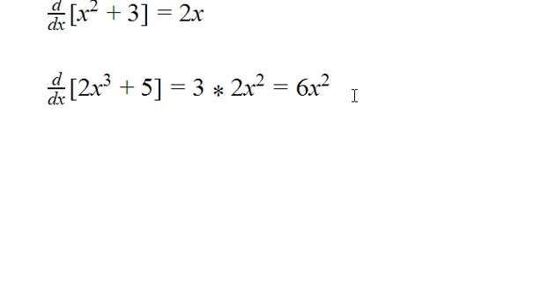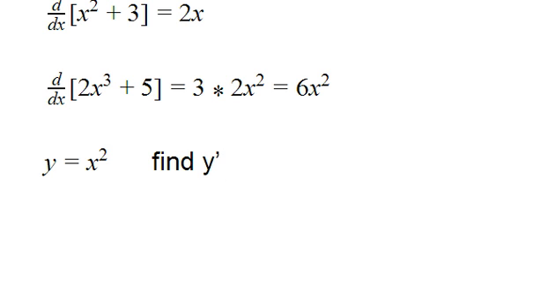Now for some slightly different notation. Let's say we were given y is equal to x squared, and we were asked to find y prime.